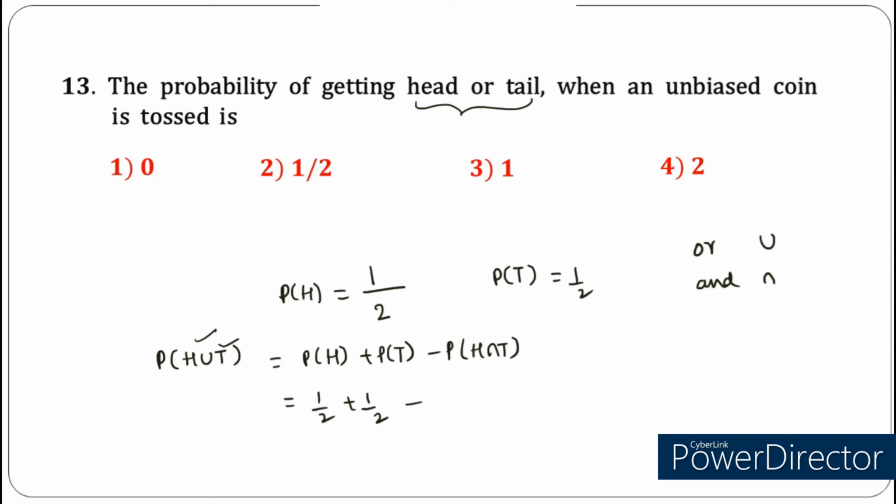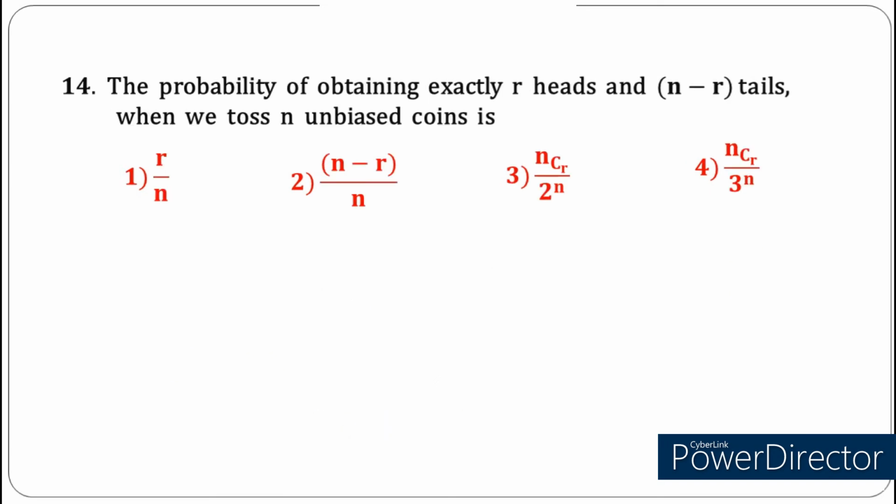But H intersection T: if you toss one single coin, do you get head and tail at the same time? No, so its probability is 0. 1 by 2 plus 1 by 2 is nothing but 1. So which option? Option 3, 1. Right.